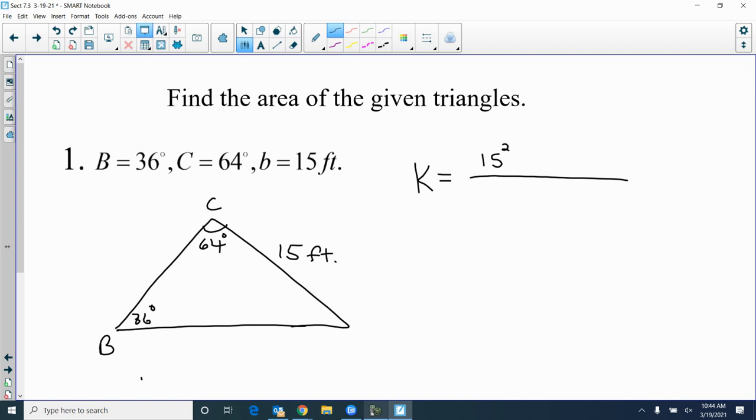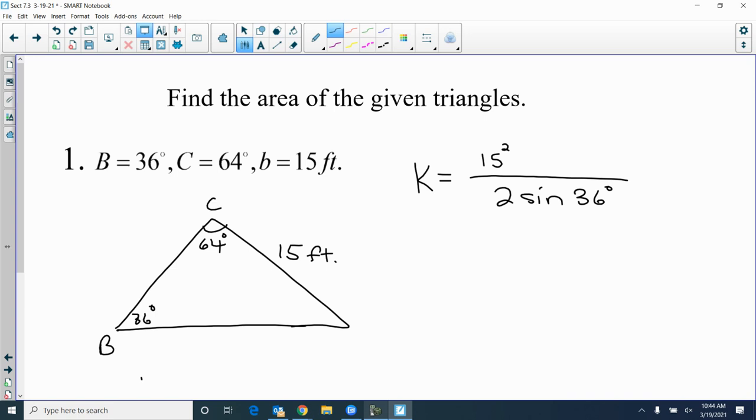All right, like I said, trying to avoid memorizing. So if you go through here, the angle across from the side has to go in the bottom. So it's 15 squared over 2 sine of what is across from it, 36. Now you can go through all the variables, which is fine, it still works, but then it's 15 squared. What else goes in the numerator?